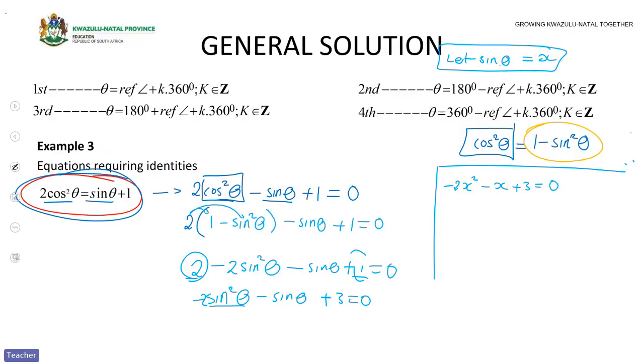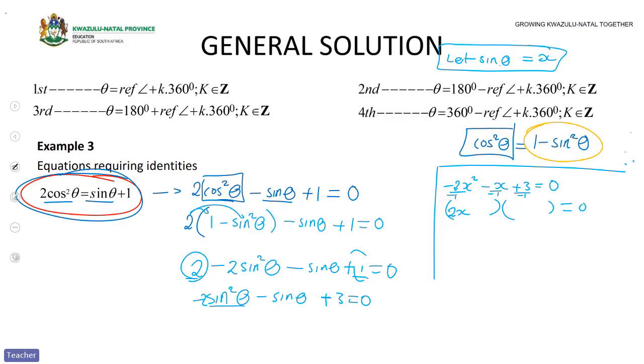Then we are going to factorize by opening two brackets, factorizing the quadratic. Maybe before we do that, it's important to divide each term by negative 1 so that our value of a becomes positive.